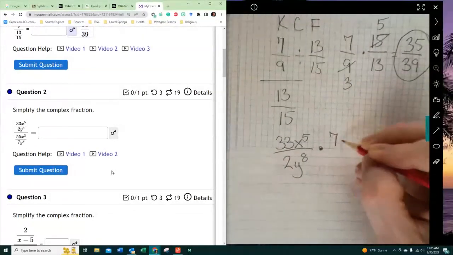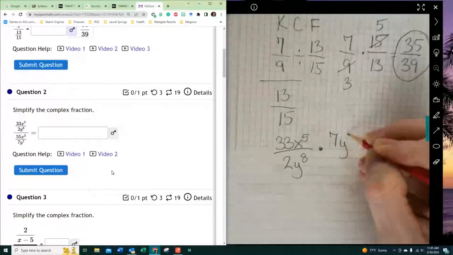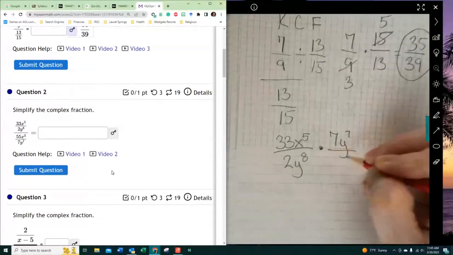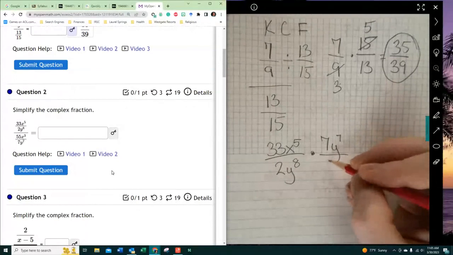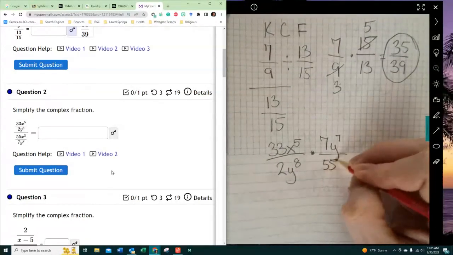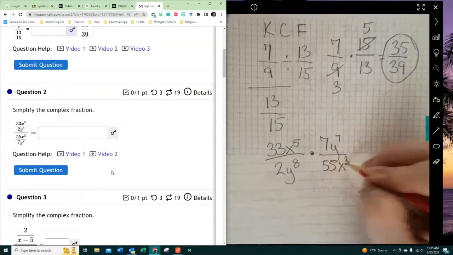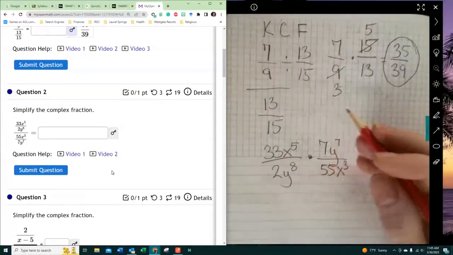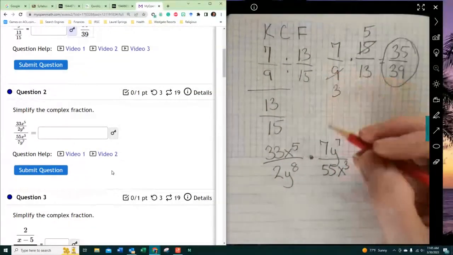So the bottom fraction becomes 7y to the 7th on the top, and then we put the 55x to the 3rd on the bottom. So KCF, keep, change, flip.